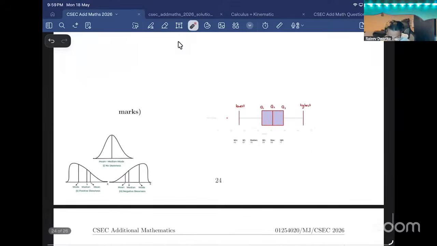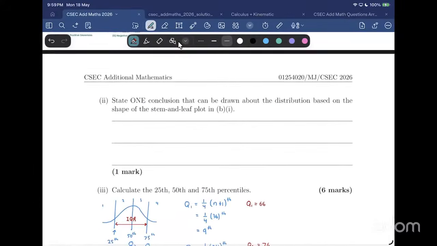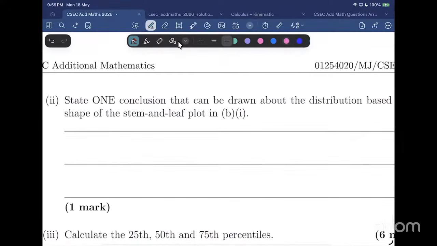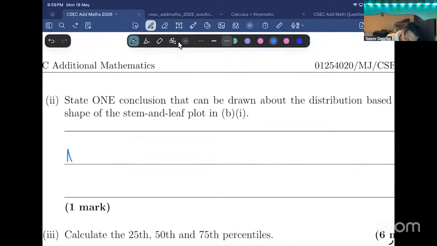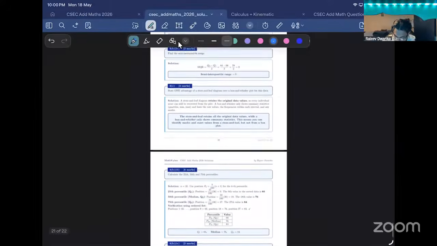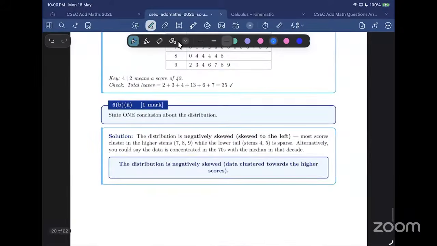Let me show you how we're going to tackle this question. We know the answer is negatively skewed, and I'll explain why. I had the answers prior to the session.